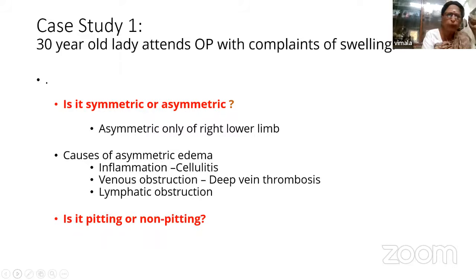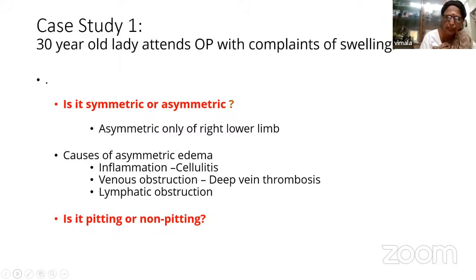Now, next what you have to see, is it a pitting edema or a non-pitting edema? So how do you elicit pitting? As I said earlier, you just press for 30 seconds above the lateral malleolus on the shin of the tibia. If there is a displacement of fluid, it is called a pitting edema. If there is no displacement of fluid, it is called a non-pitting edema.